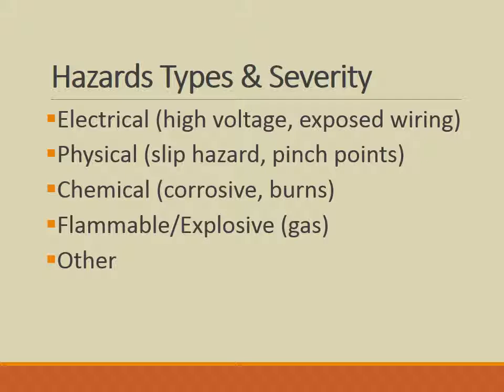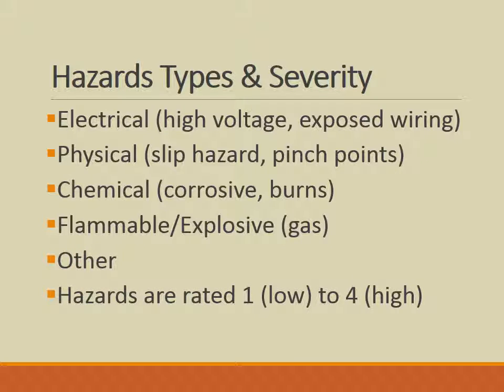If you have a hazard that does not fall into the first 4 classes, then you would just classify it as an other type. But once the hazards have been classified, they're also rated, given a numerical rating on a scale of 1 to 4, 1 being low risk and 4 being high risk.